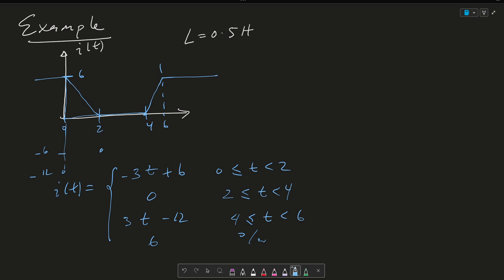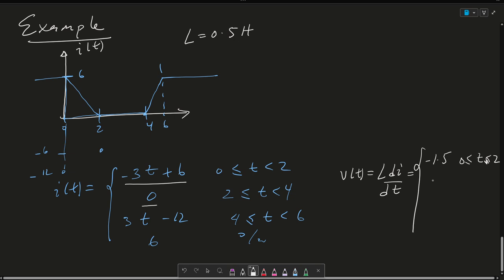All right. So we want to use our equation, and simply say v(t) is equated to L di over dt. So the derivative of this times 0.5 is negative 1.5 from 0 to 2.